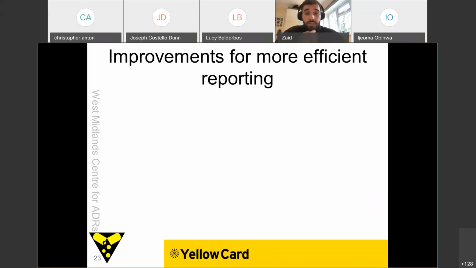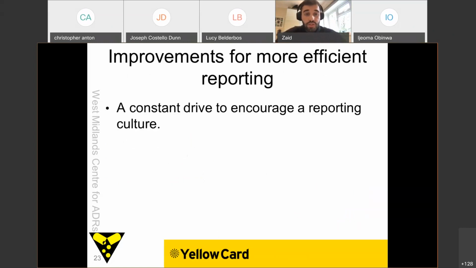So linked to what I've just been saying about the improvements for more efficient reporting, that reporting culture is something that can always be improved and always developed to make reporting more efficient and higher up on the priority list of everyone in the workforce. Developing e-prescribing systems is something in the future that will be very important, and integrating yellow card reporting, identifying black triangle drugs, and including outpatient data will all be very important.